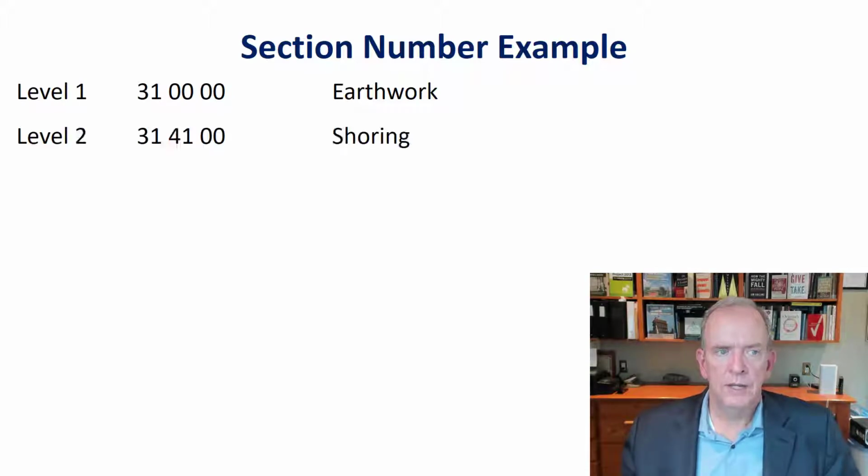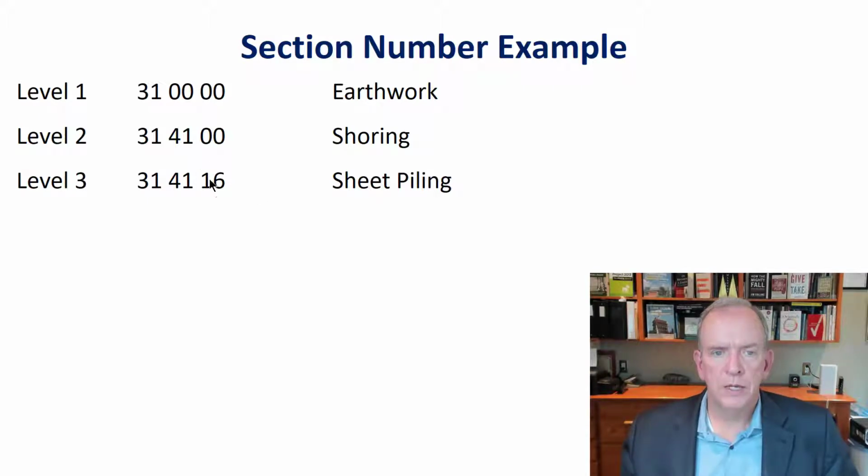Just to give an example, earthwork would be division 31, and if we're talking about shoring of earthwork, that would be 31 41. Then if we're talking about shoring that's using sheet piling, that would be division 31, 41, 16.